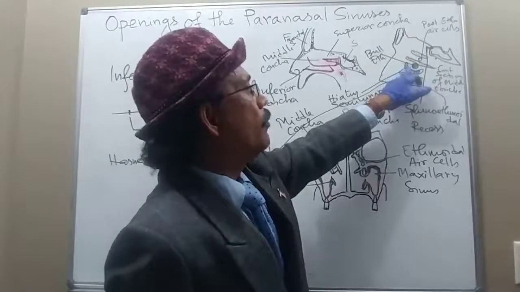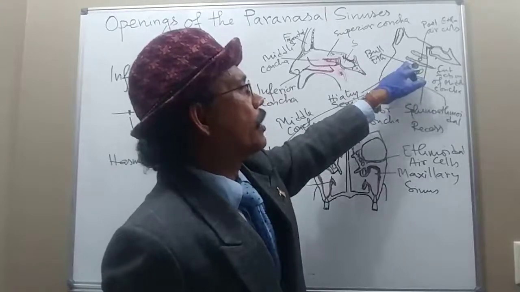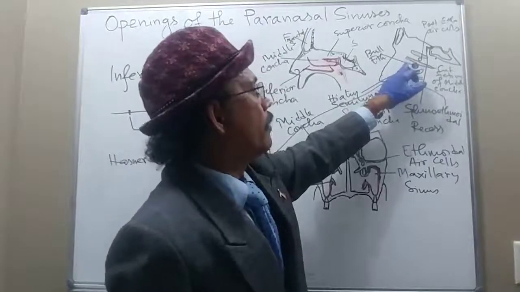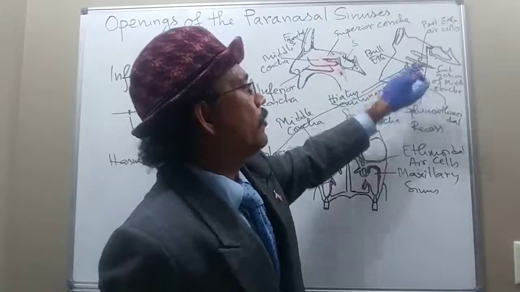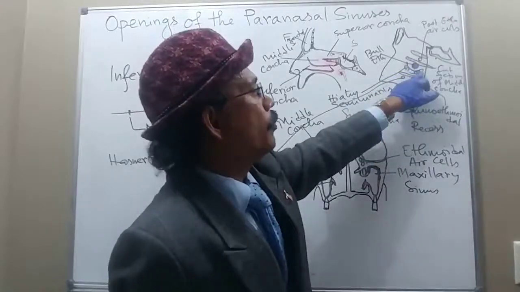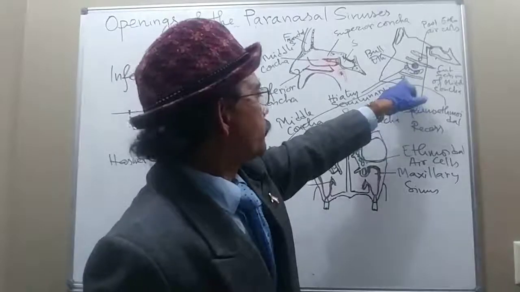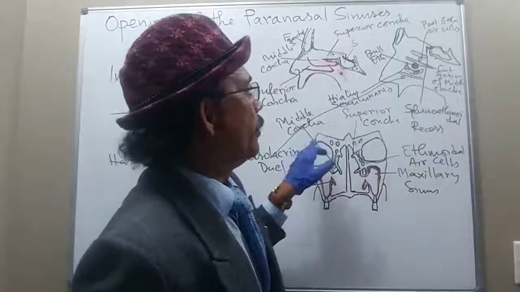To the infundibulum of the hiatus semilunaris, anterior part, opens the frontal sinus by means of the frontal nasal duct, and it also receives the anterior group of ethmoidal air cells. Okay, here is the opening for the maxillary sinuses. In the inferior meatus of the nose, we have the opening for the nasolacrimal duct.